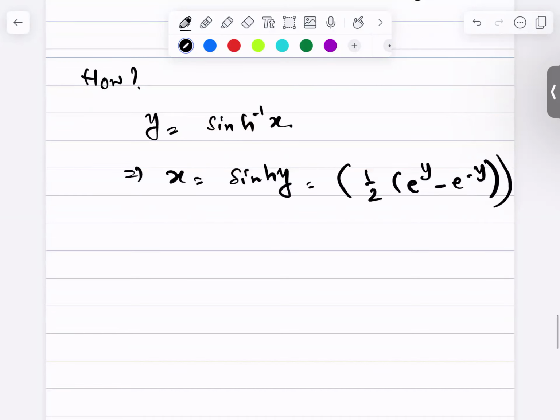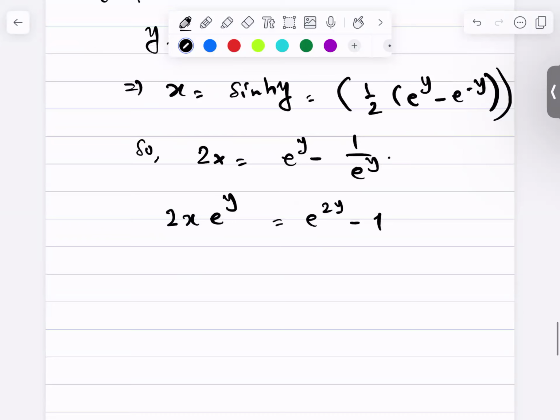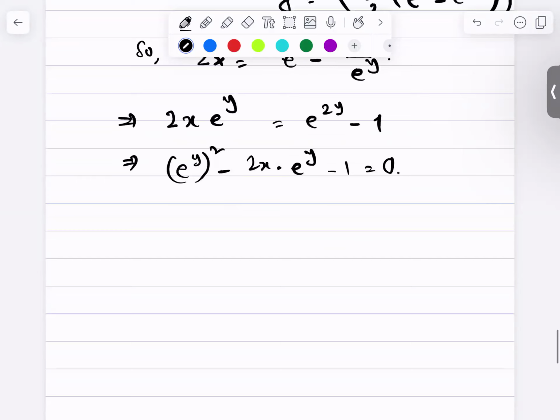Now, if I simplify, then 2x will be e to the y minus 1 over e to the y, right? This is basically manipulations. Then 2x e to the y will be e to the 2y minus 1, right? And this is the same as (e to the y) squared minus 2x e to the y minus 1 equals 0. Okay, now use the quadratic formula.